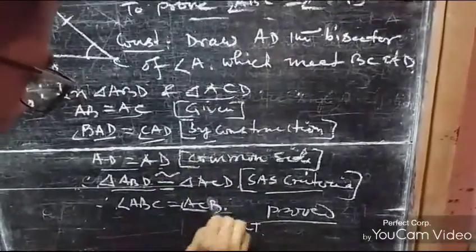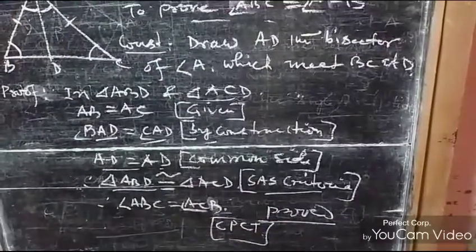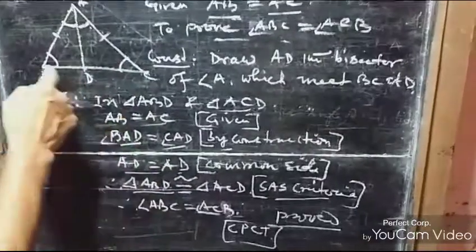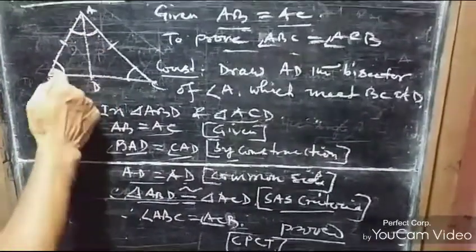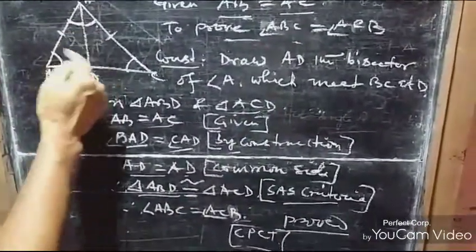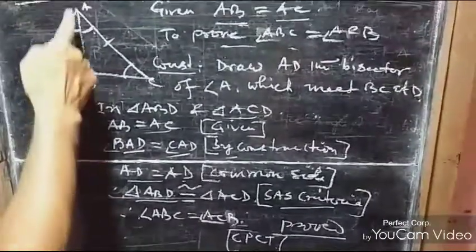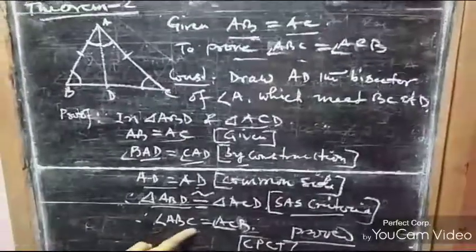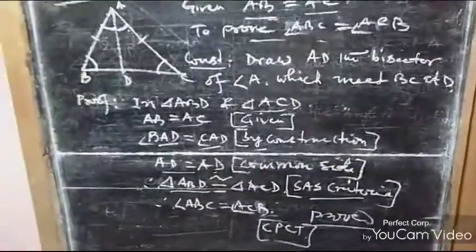CPCT is corresponding parts of congruent triangles. If the triangles are congruent, then corresponding parts are equal: the side opposite this angle is B angle, and the side opposite that angle is C angle. So angle ABC is equal to angle ACB.